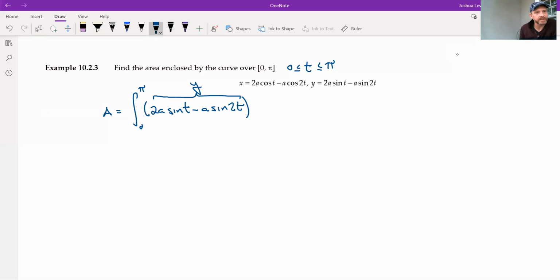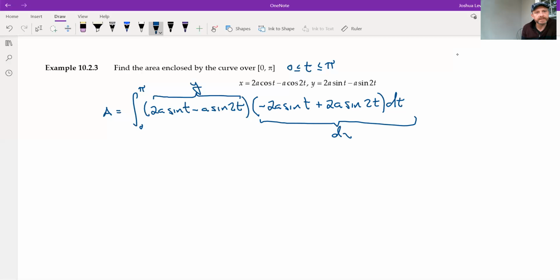So let's see, 2a cosine t. Derivative of cosine is negative sine. So we have a negative 2a sine t. And then a little chain rule over here will give me plus 2a sine 2t dt. Again, this piece is my dx.